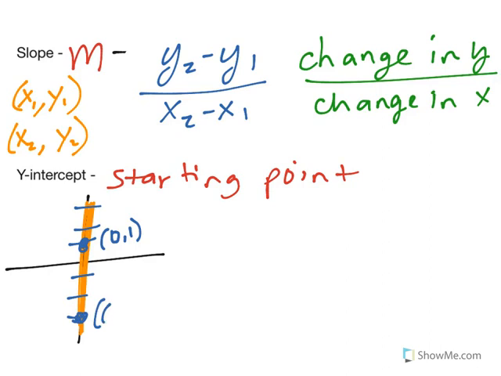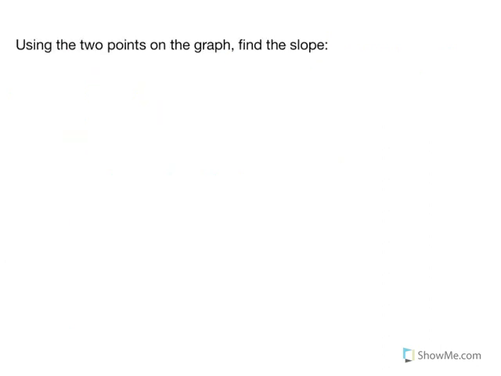This point down here has the ordered pair (0, -3). Every ordered pair on the y-axis has an x value of 0. So your y-intercept will always have an x value of 0. That is very, very, very important to remember. So those are just two terms that you're going to hear me say a lot throughout the next few videos.